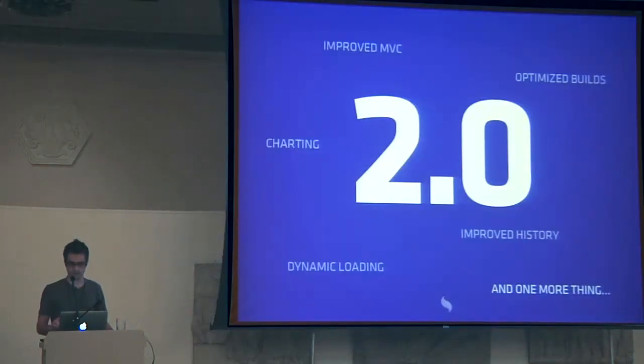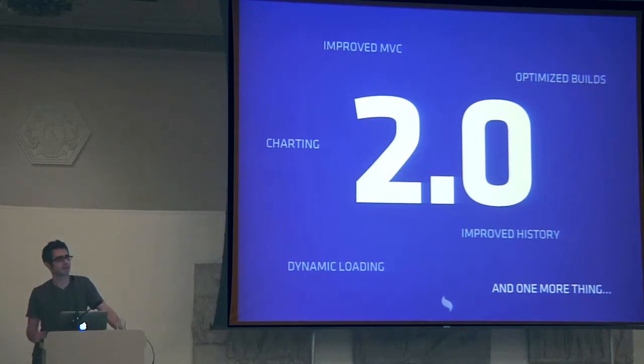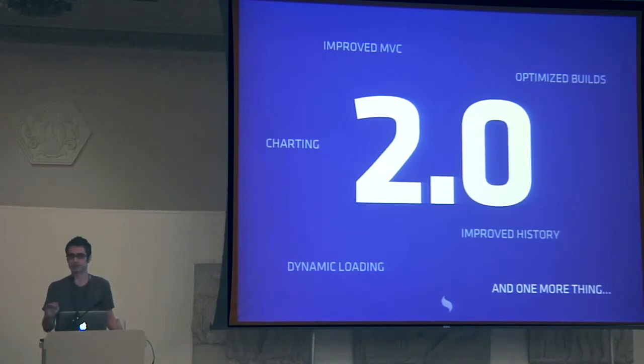And then lastly, just sort of looking ahead to the future, some of the things we're going to bring in Touch 2.0. We're still discussing features, so this isn't exactly the feature list of what's coming in Touch 2.0. This is just sort of the hard set minimum. We know what we're bringing in. We're going to improve the MVC system a lot.